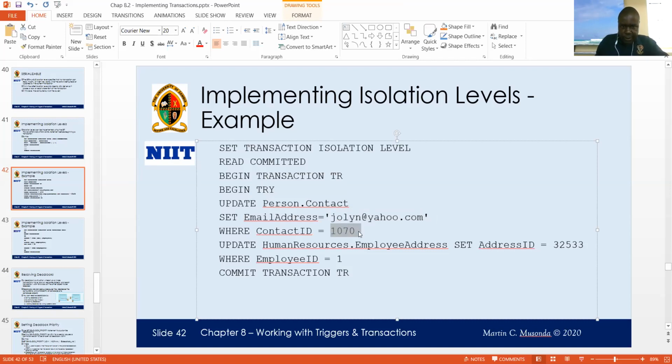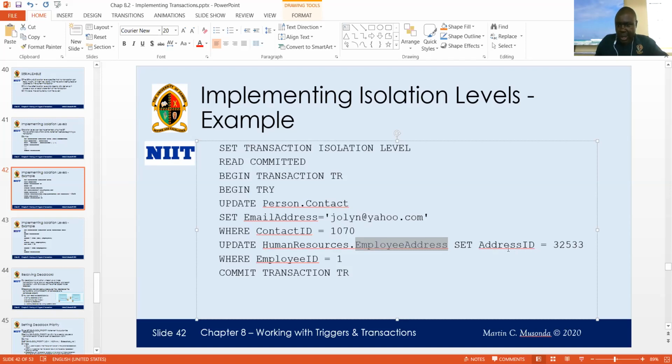Once we do that, we want to update the table called employee address in the human resources schema, where we are going to set the address ID to be equal to 32,533.